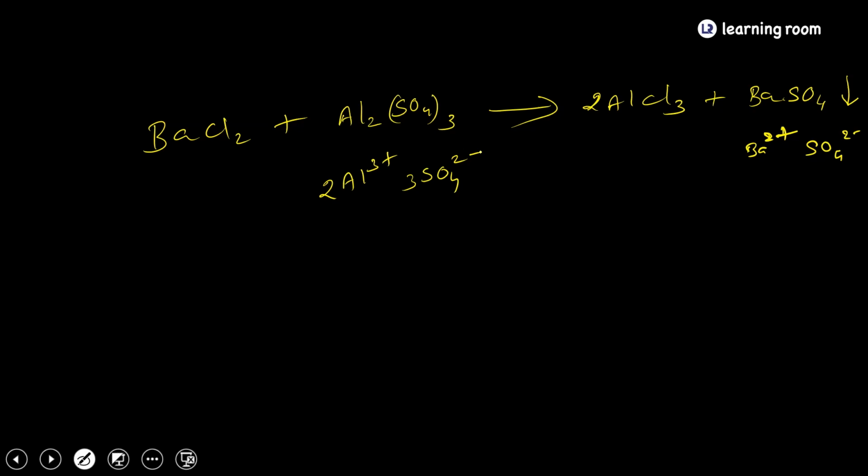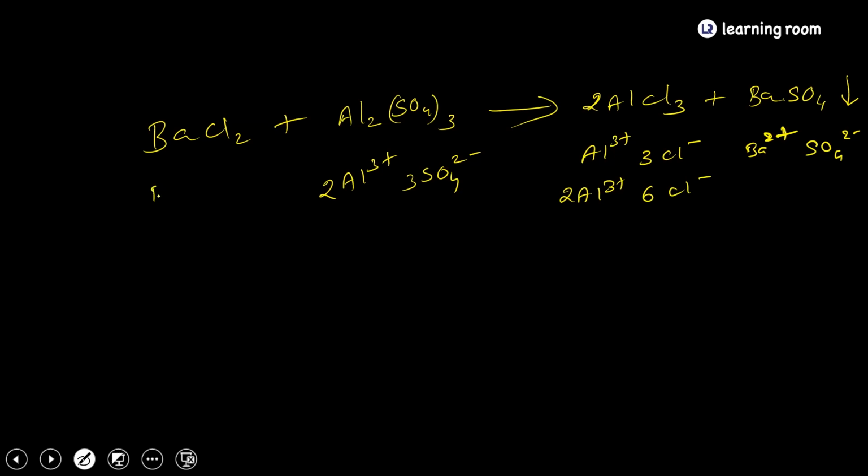AlCl3, that aluminum is 3+. So when you are writing here Al3+ and 3 Cl-, so 2 aluminum means 2 Al3+ and 6 Cl-. Is it clear? So the charge should be neutralized.